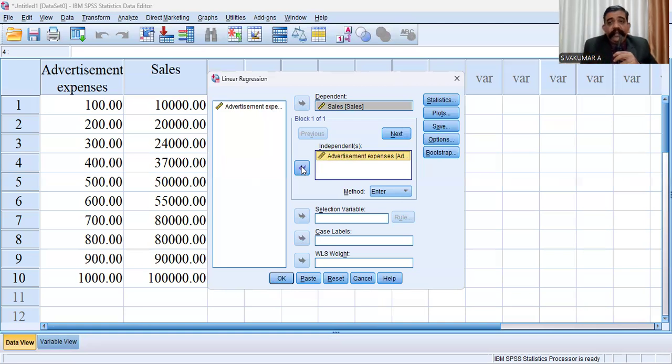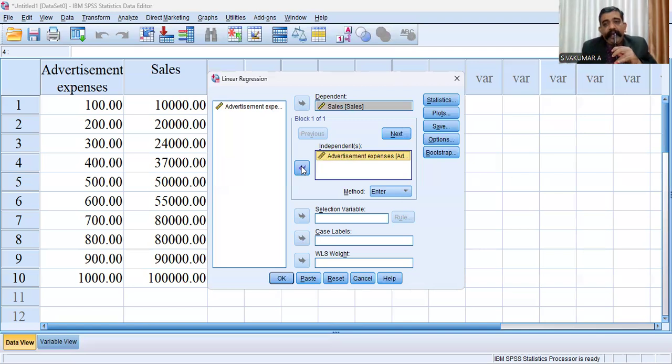That means first test the assumptions. There are 7 or 8 assumptions in simple regression; I will tell you what they are in another class. First check assumption number 1. If it is correct, then check assumption 2, 3, 4, 5, 6, 7, and 8 or 9.